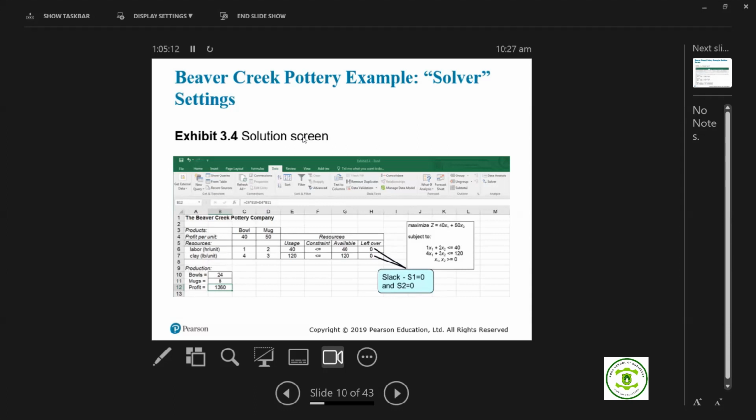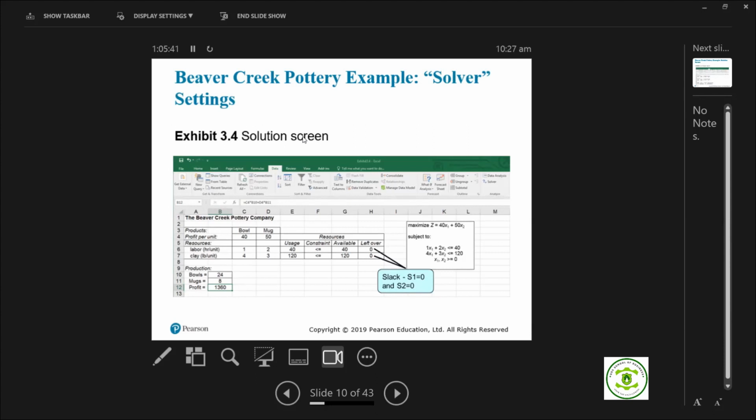And the implication of this analysis is that when you change this 40, if you change it to 25, the answer will still be 24.